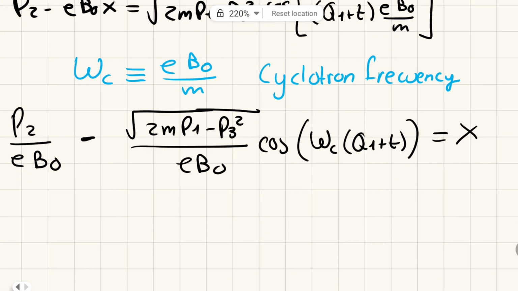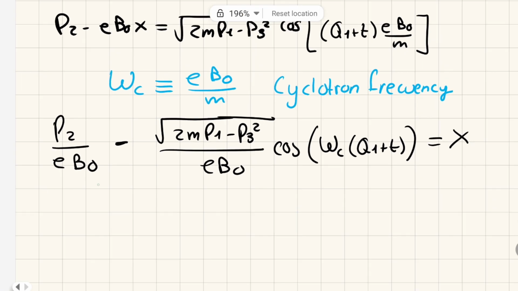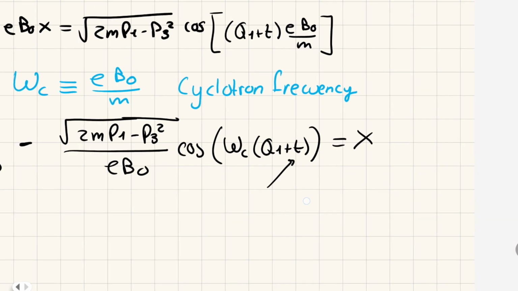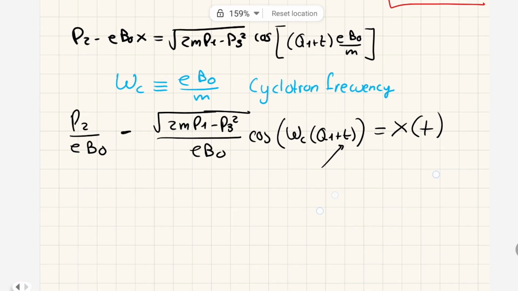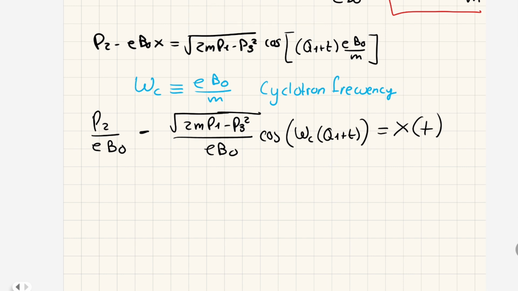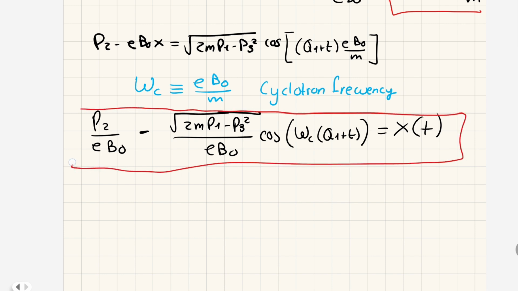As you can see, the only variable on the left-hand side of the equation is t. So this means that this is a function x of t. And this is telling us the motion of the particle in the x direction.